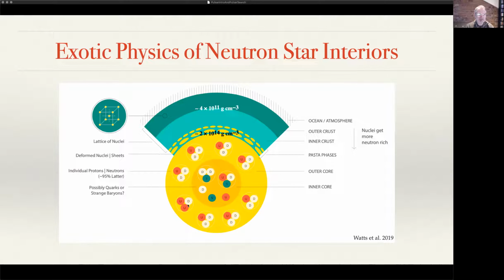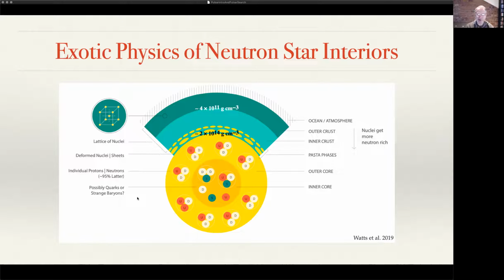And then when we get into the center, that's when things start to get quite weird, perhaps. So we end up with these individual protons, but we also get neutrons in the outer core region, and that's about 95%. So in the outer core, we expect around 95% neutrons. And then if we get right into this inner core region, it's really unclear what we get.